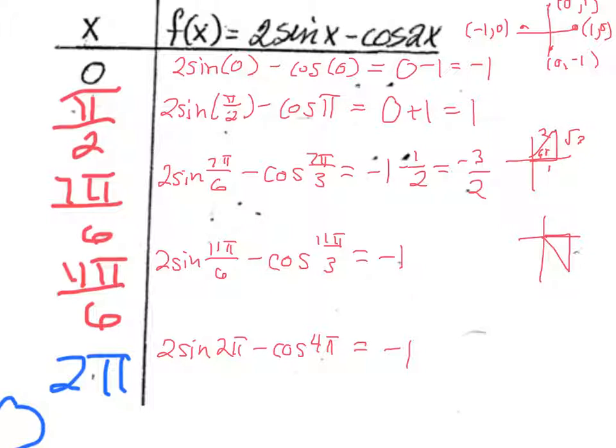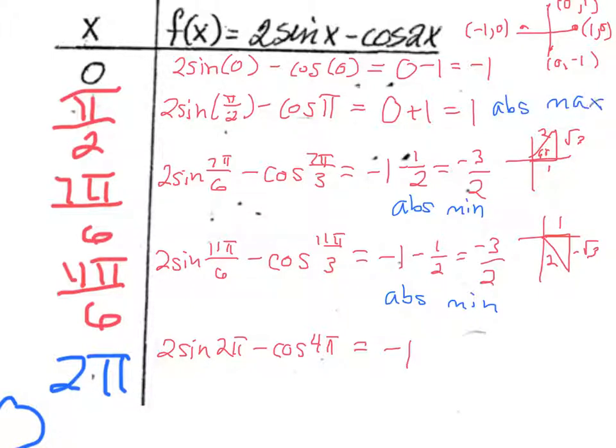So this will be a negative root 3. So that'll be minus 1/2 again, which is again negative 3/2. All right. So it looks like we have some absolute mins at negative 3/2, and we have an absolute max at pi over 2 comma 1.